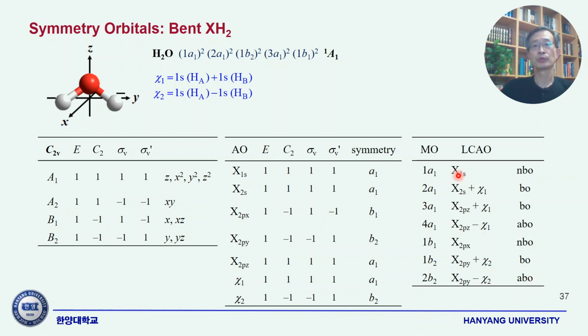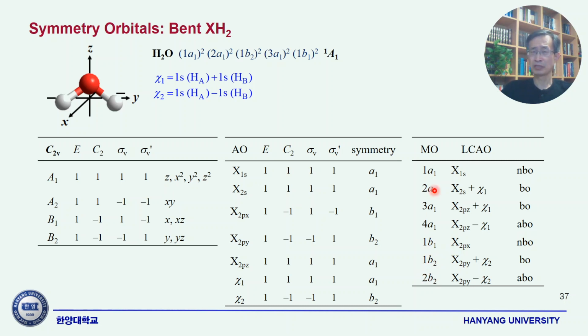So when we order that, how many A1 orbitals are there? There are 4 A1 orbitals. So from low energy among the A1 orbitals, we put the order numbers 1, 2, 3, 4. And how many B1 orbitals? There is just one B1. And there are 2 B2 orbitals, so 1 and 2 B2 orbitals.